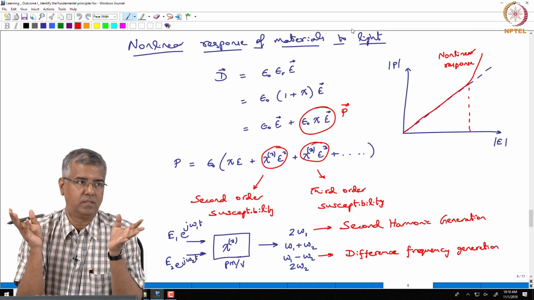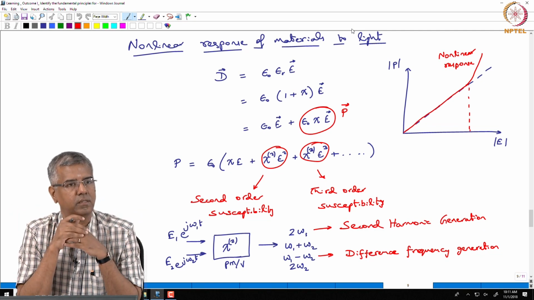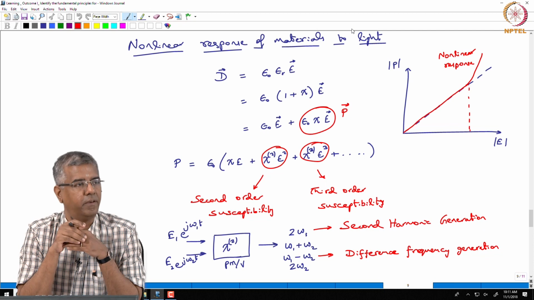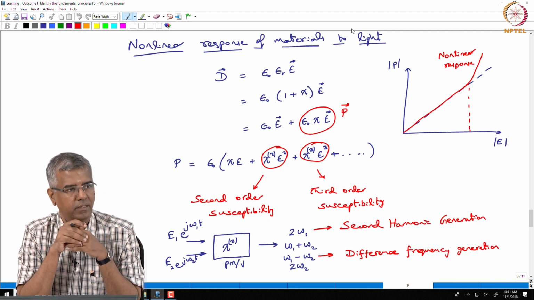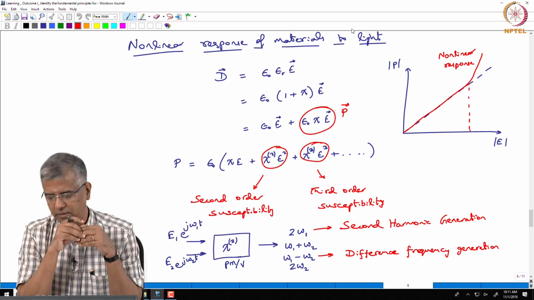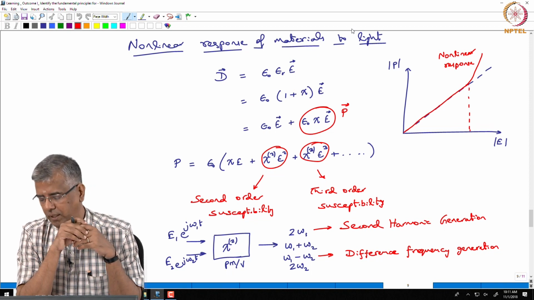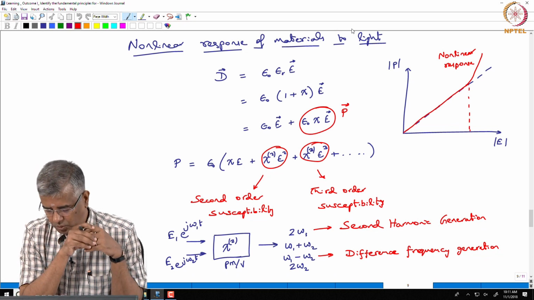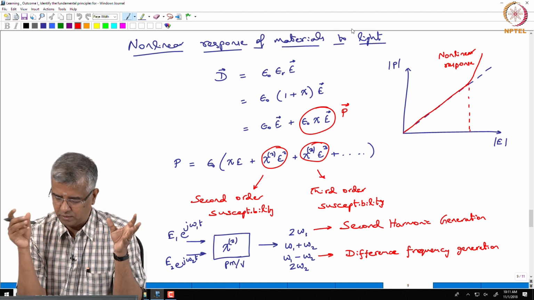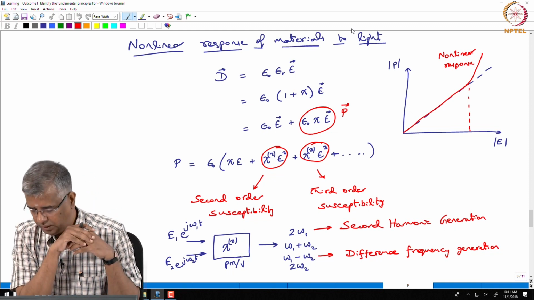Okay, so we started yesterday by saying that all materials would start behaving nonlinearly beyond a certain field applied to them, and we characterize that nonlinear response through the second order susceptibility, third order susceptibility, and so on.